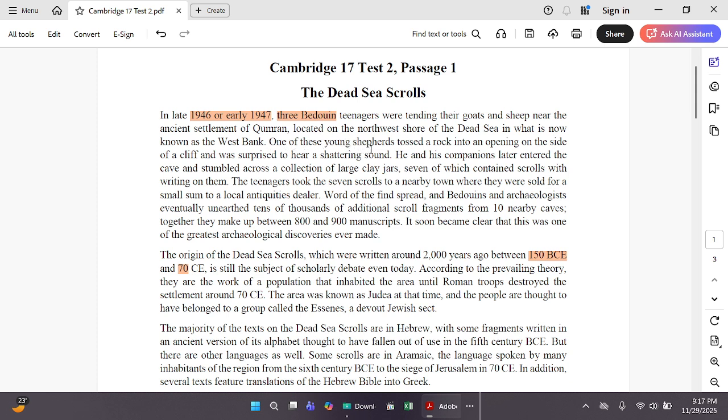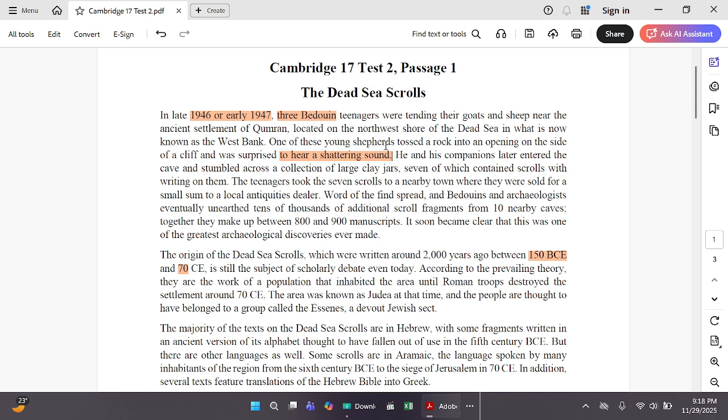One of these young shepherds tossed a rock into an opening on the side of a cliff and was surprised to hear a shattering sound. Look, we have already got our answer. Someone was shocked to hear some sound, so our answer can exist here.